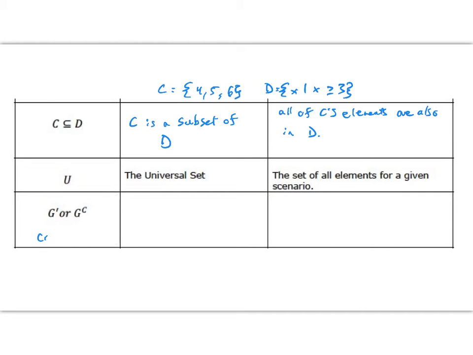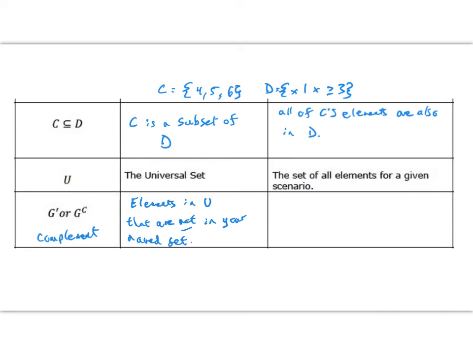This is a complement, and it comes in 2 different varieties. You could either see this with a little prime mark next to your set name or a superscript C to indicate complement. And this is the elements that are in your universal set that are not in your named set.